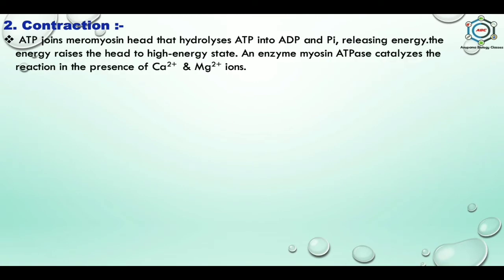In the case of contraction, at the resting membrane potential, the outside of the sarcolemma is positively charged, while the inside of the sarcolemma is negatively charged. Here sodium ion is present in large amount outside of the sarcolemma, while potassium ion is present in large amount inside. And the sarcolemma is more permeable to potassium ion than sodium.